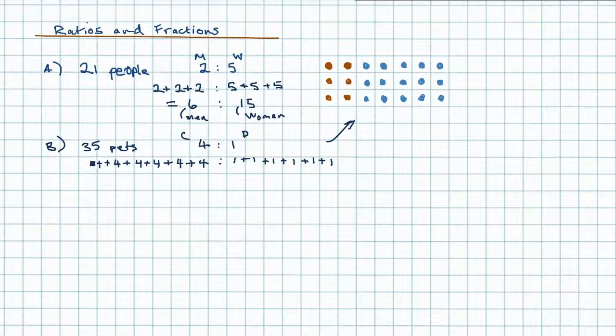So I'm not quite there yet, but I can see that if I add one more, and one more here, I'll now have 7 times 4, 28, and 7 times 1, 7. So I know that I've got 28 cats to 7 dogs.